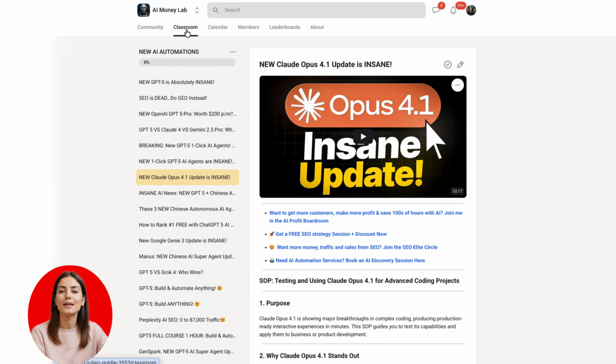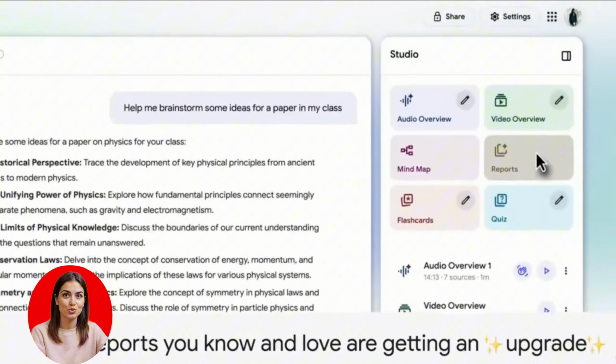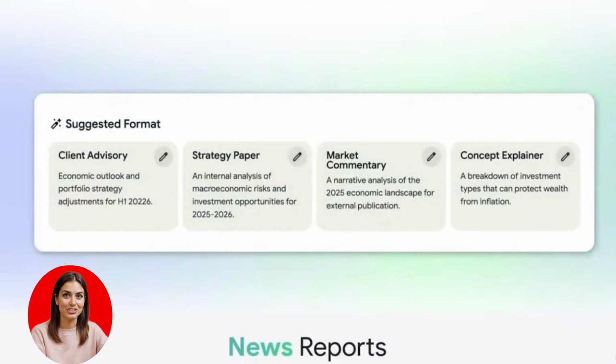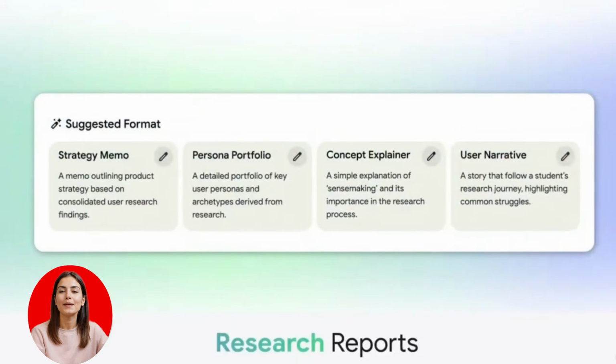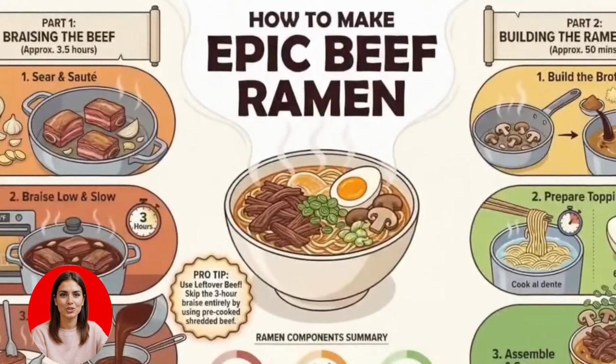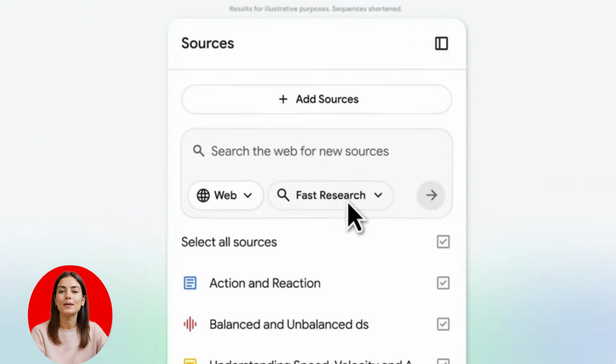The thing about NotebookLM is it's not just another AI tool that sounds cool but doesn't actually save you time. This one genuinely changes how you work with information. Your research becomes searchable. Your documents become interactive. Your scattered knowledge becomes organized. The Gemini 3 upgrade made everything faster and smarter. Deep research automates finding sources.